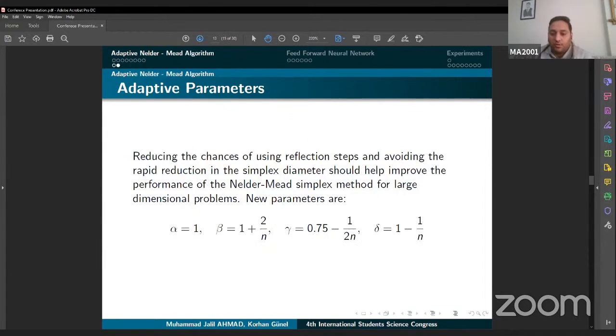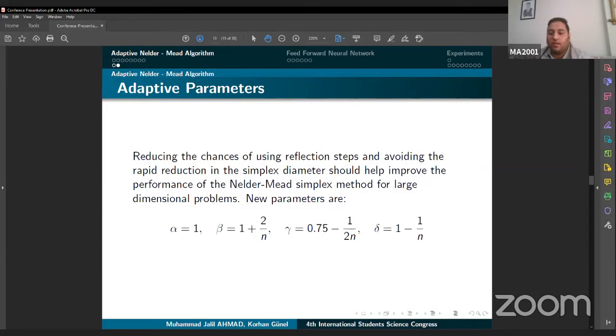So to counter this problem, we have the adaptive Nelder-Mead, and the major difference between the adaptive Nelder-Mead simplex algorithm and the standard one is this: we had alpha, beta, gamma, and delta variables in every reflection, expansion, inside contraction, and outside contraction step, which were not defined with respect to the dimension.